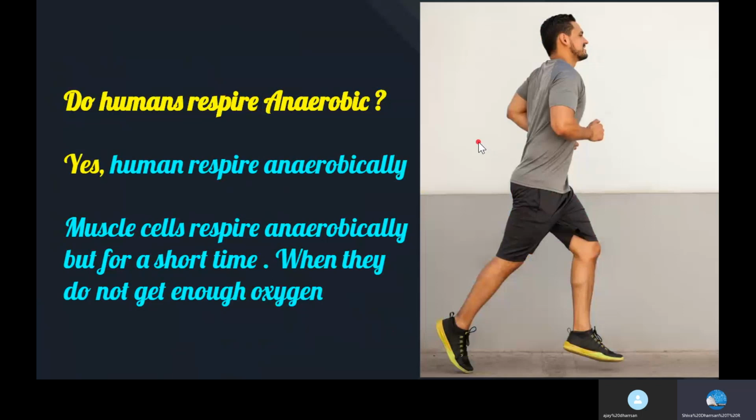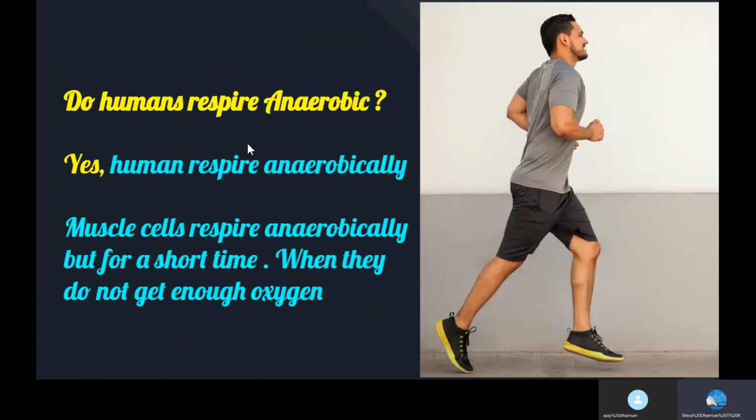Do humans respire anaerobically? Yes, humans respire anaerobically. Anaerobic respiration also occurs in human skeletal muscles for a short time, where it produces lactic acid. During vigorous muscular activities like fast running, brisk walking, or heavy exercise, more energy is needed.